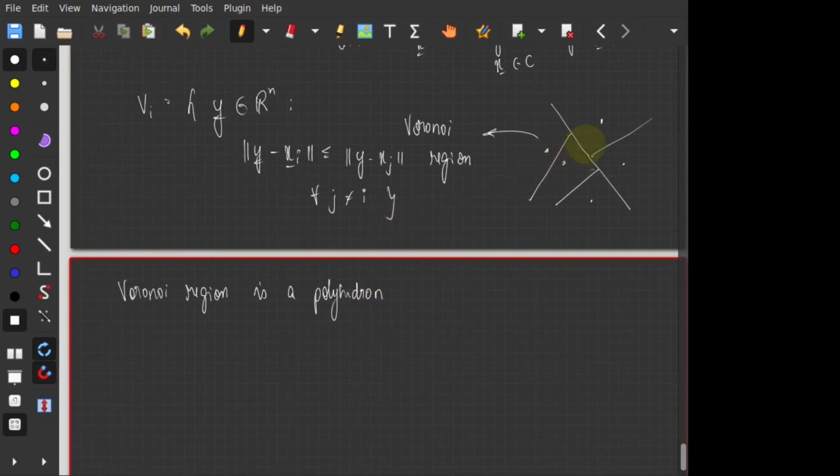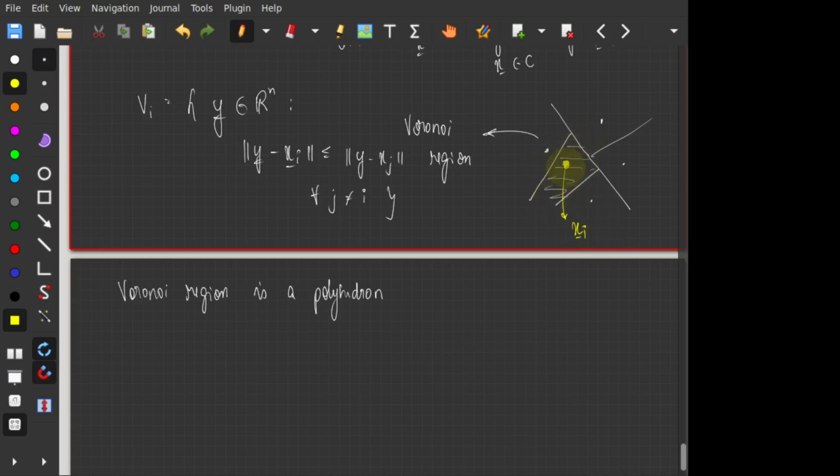So you can view this set, the Voronoi region, as being formed using multiple decision rules. Firstly, if this is my vector xi, then this region is the set of all points which are uniquely closest to xi.